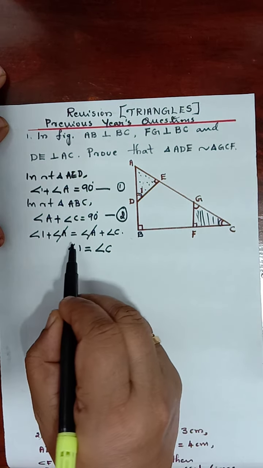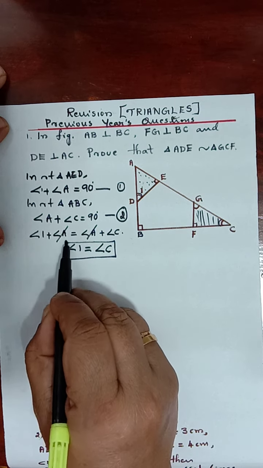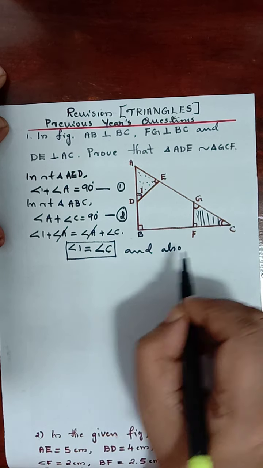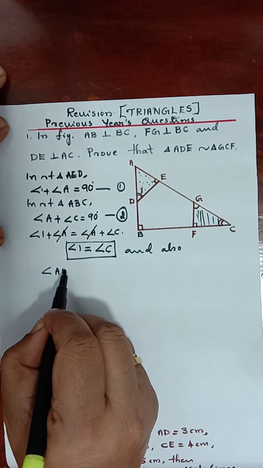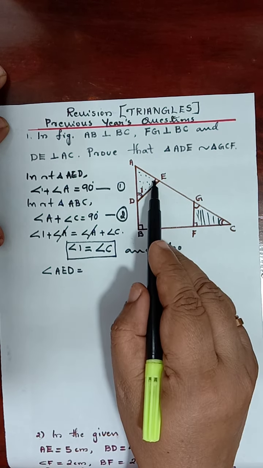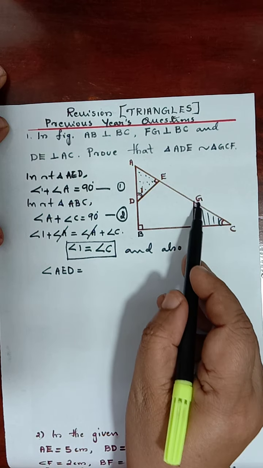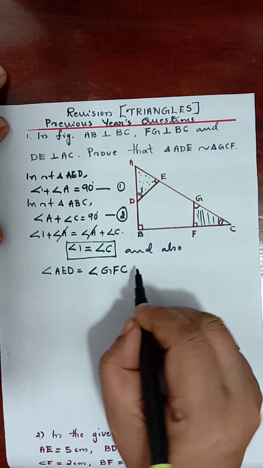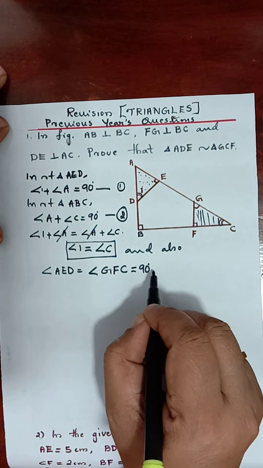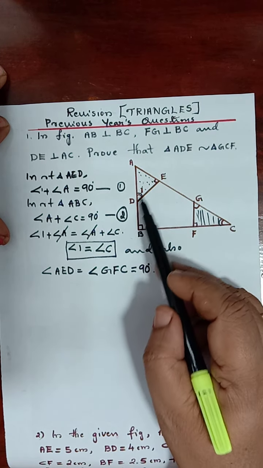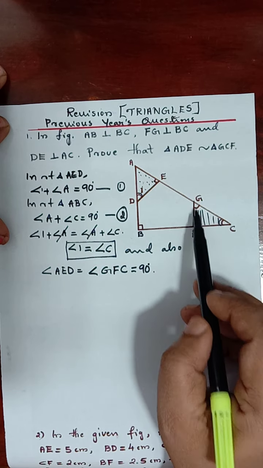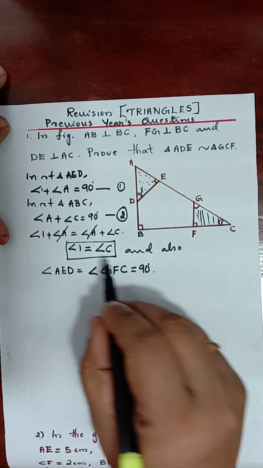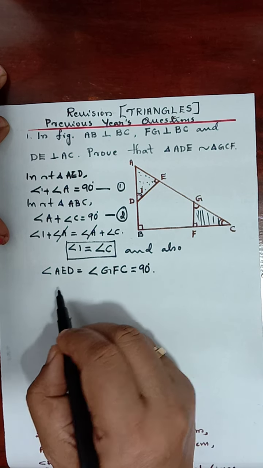This is one: angle 1 is equal to angle C. And also angle AED equals angle GFC, which is 90 degrees. They are equal. The reason is DE is perpendicular to AC and GF is perpendicular to BC. So here these two pairs are equal.